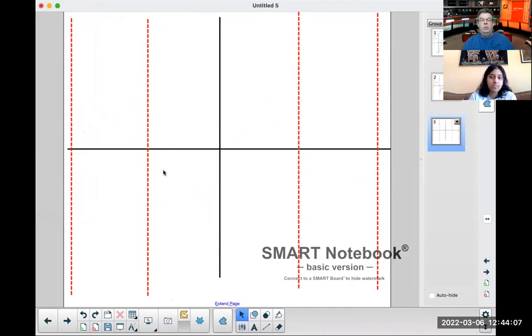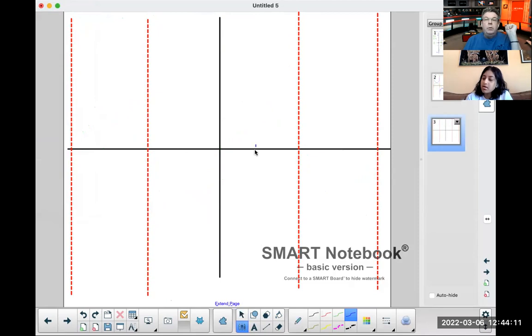Okay, so this is pi over 2, right? Pi, 3 pi over 2, 2 pi, and so on. Negative 2 pi, negative pi.